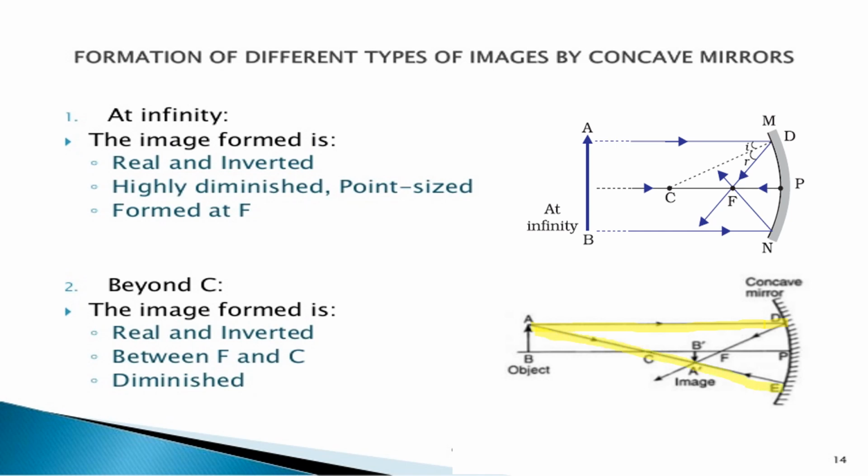So from our first rule, when the incident ray is parallel to principal axis, reflected ray will go through the focal point. Then the incident ray which is going through the center of curvature will again come back.